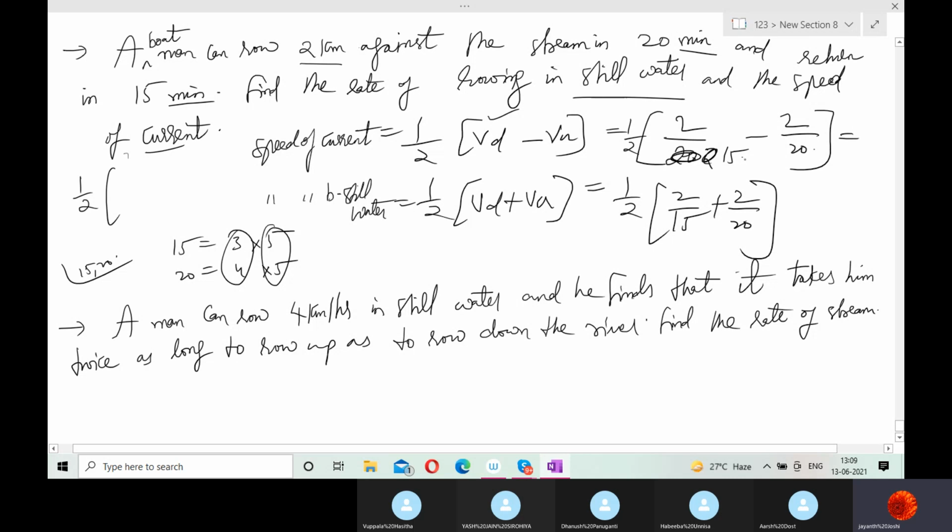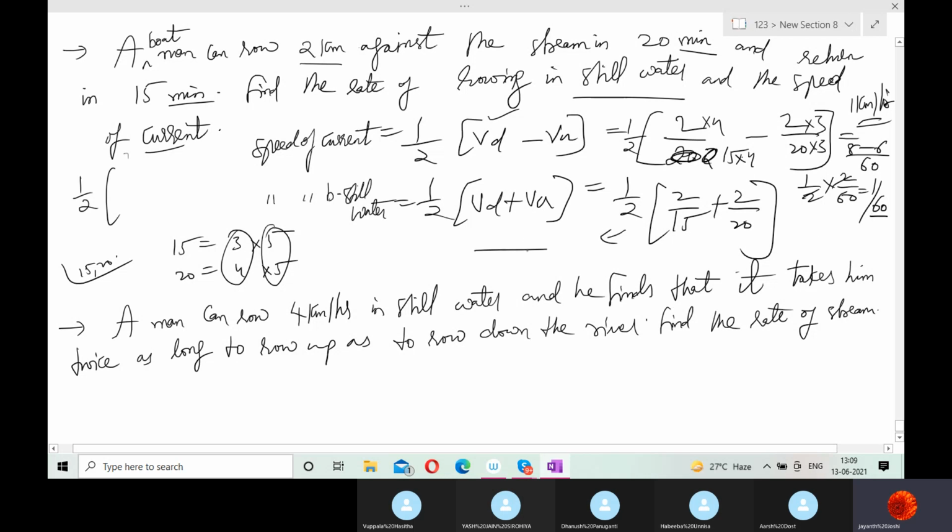So 8 minus 6 gives 2 by 60. 1 by 2 into 2 by 60, so 1 by 60. This is per minute, and 60 minutes make 1 hour. So I can say 1 kilometer per hour. That is done.